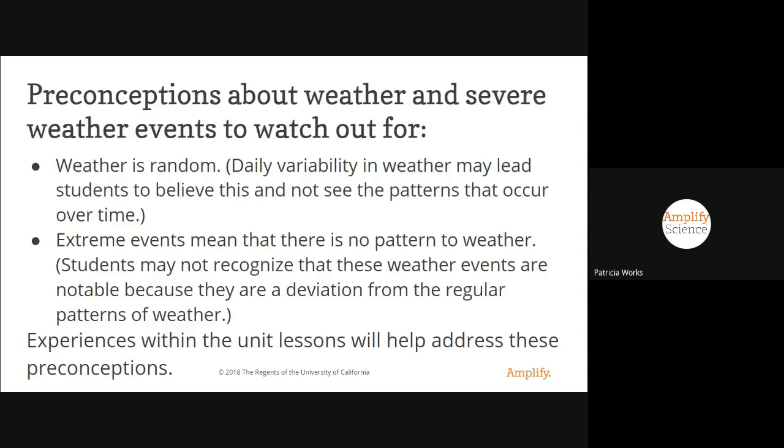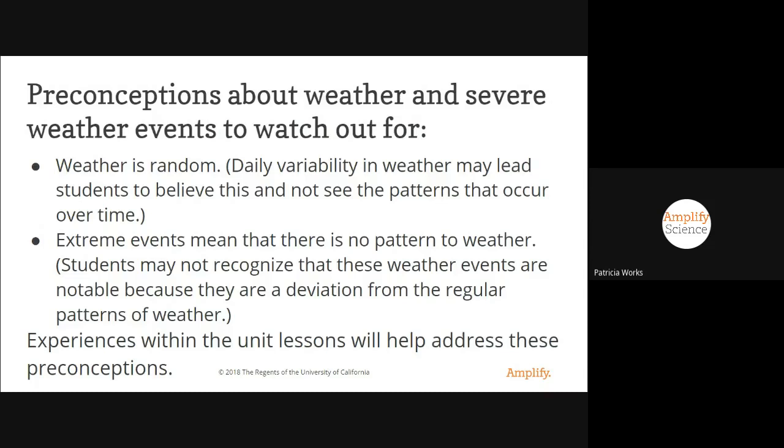There are some things that may be preconceptions students have about weather and severe weather that you can keep your eye out for. Students may believe that weather is random. They've seen so much daily variability in weather that they may not have gotten the idea that there are patterns that occur when you look at the data over time.